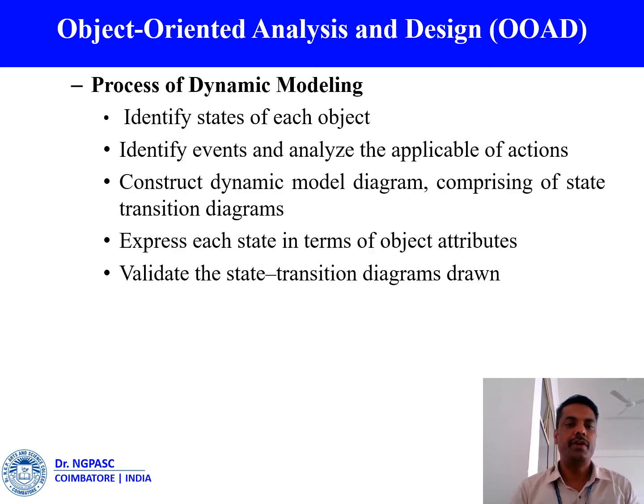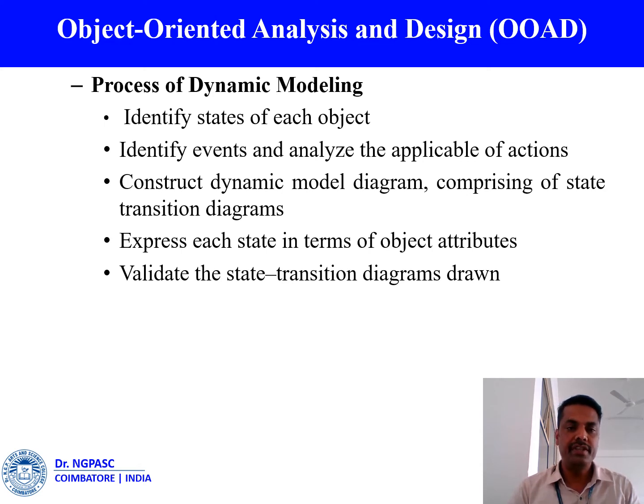The process of dynamic modeling can be visualized step by step. First, identify the state of each object. Then identify events and analyze the applicable actions. The third is to construct the dynamic model diagram, comprising the state transition diagram.